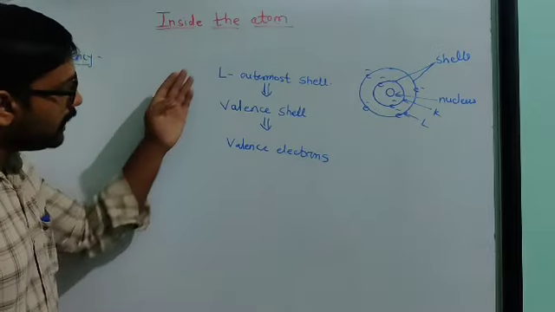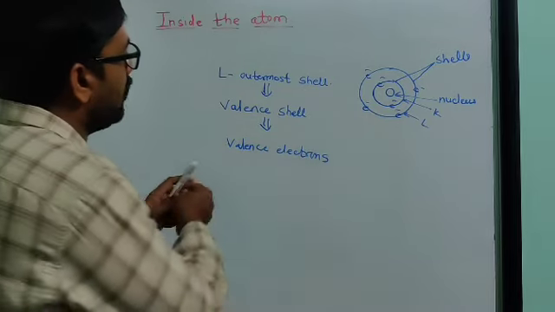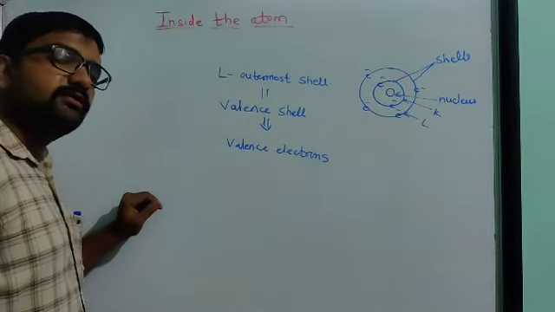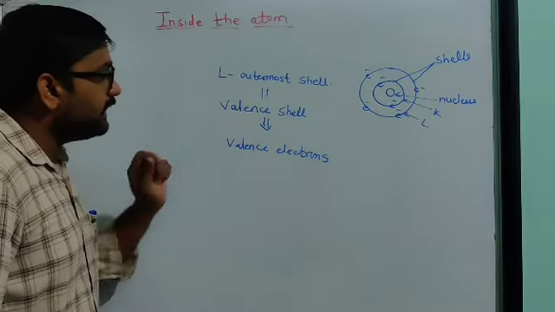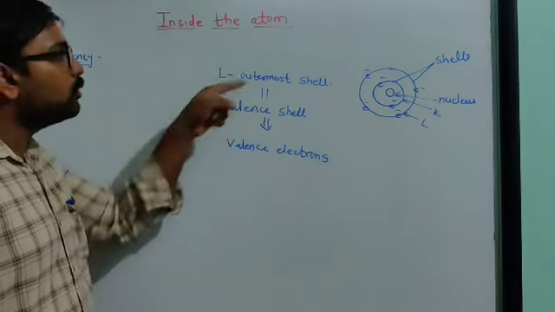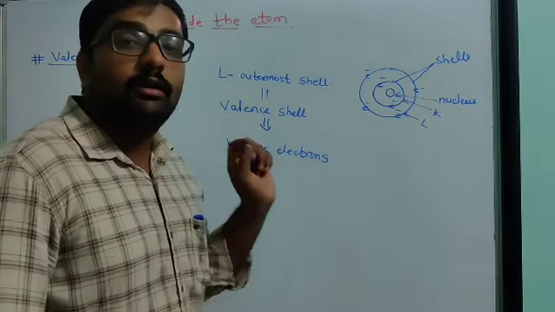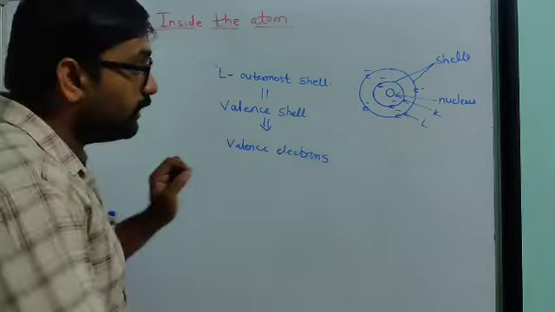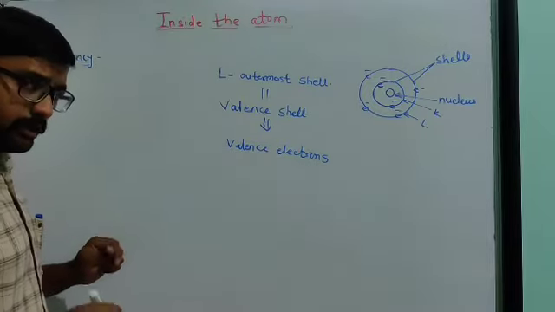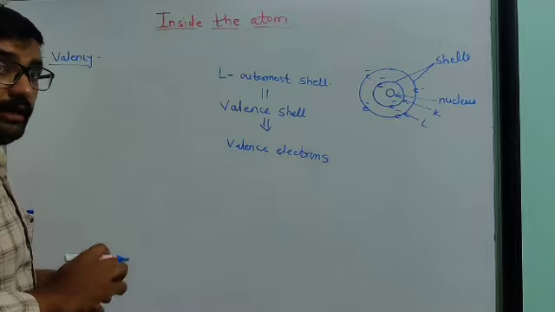You have to remember these 3 terms. Outermost shell means valence shell, and the electrons present in the valence shell or outermost shell are called valence electrons. Valence electron is a different concept and valency is a different concept.